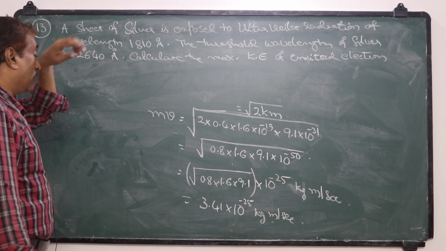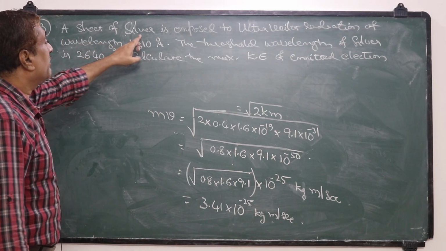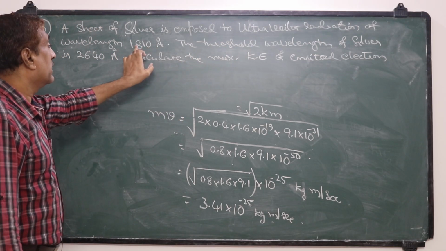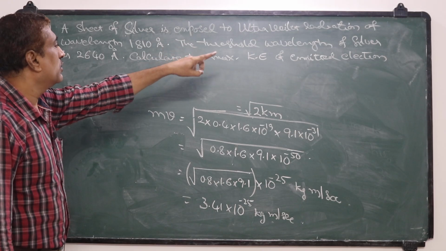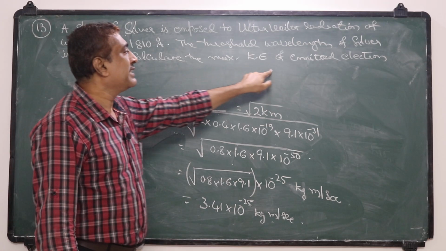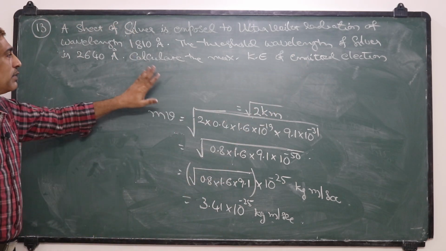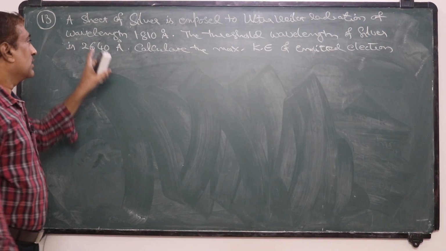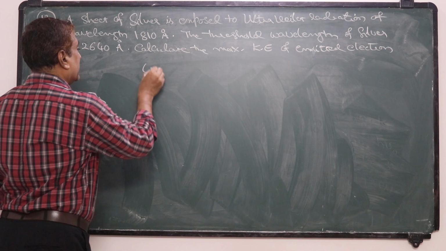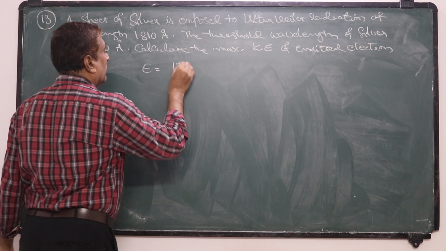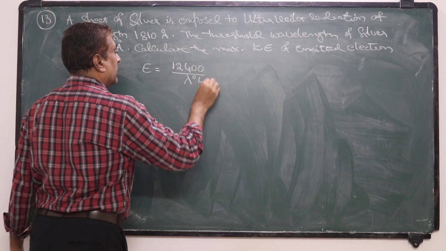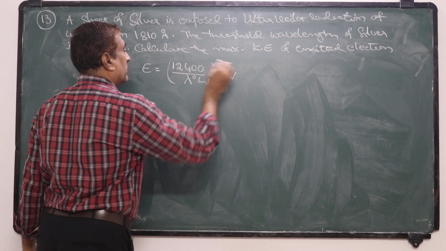Okay. The problem is, a sheet of silver is exposed to ultraviolet radiation of wavelength 1810 Armstrong. The threshold wavelength of silver is 2640 Armstrong. Calculate the maximum kinetic energy of the electron. In this problem, we have the formula: energy is equal to 12400 by λ in Armstrong, which gives energy in electron volt.